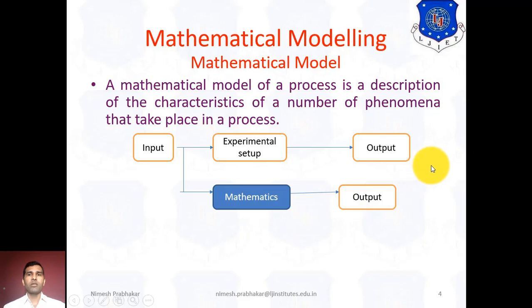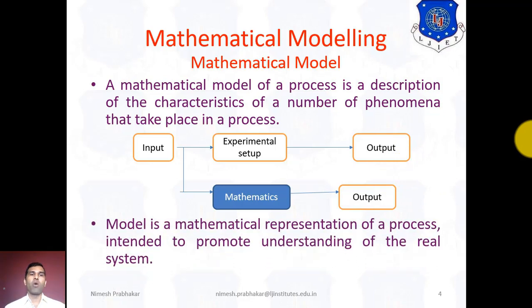Now one question also occurs in mind: what is a model? The answer is, a model is a mathematical representation of a process intended to promote understanding of the real system.